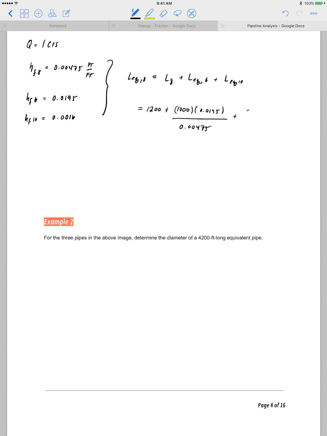We will also do the same thing for the 10-inch run, and again divide it by the 8-inch unit loss. And we plug and chug that value. It becomes 5,979 feet of equivalent 8-inch pipe. And that is our answer.